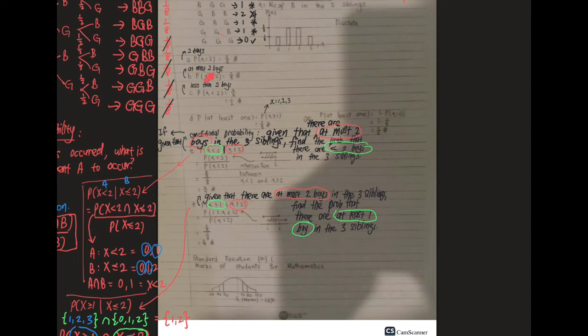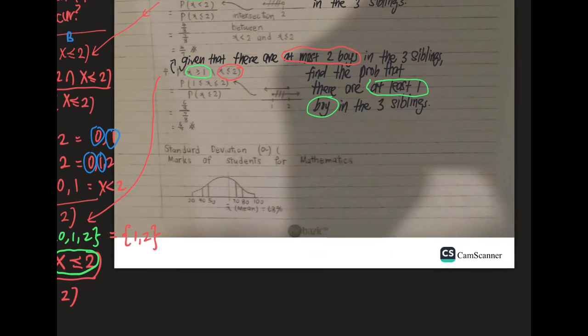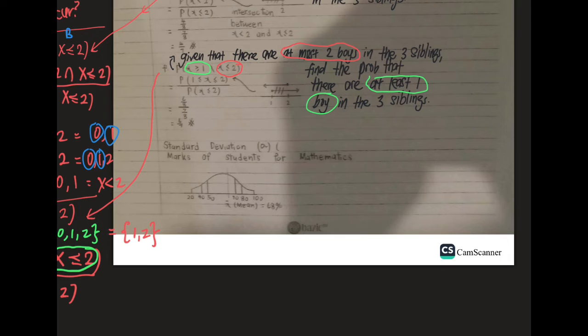So they put 7 over 8 at the bottom, divide, then you get 6 over 7. Okay, so that is the first part.